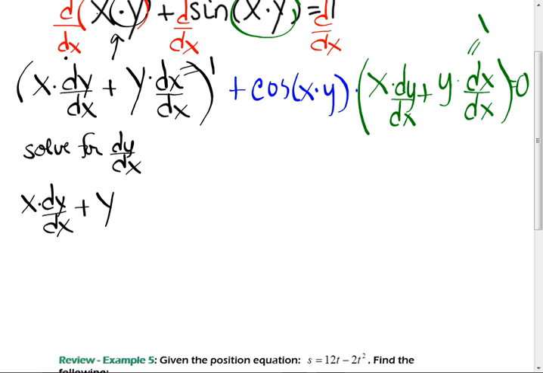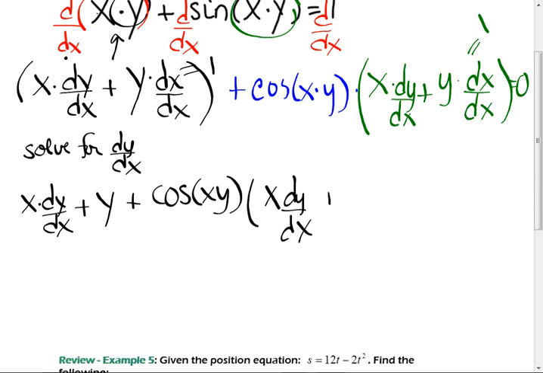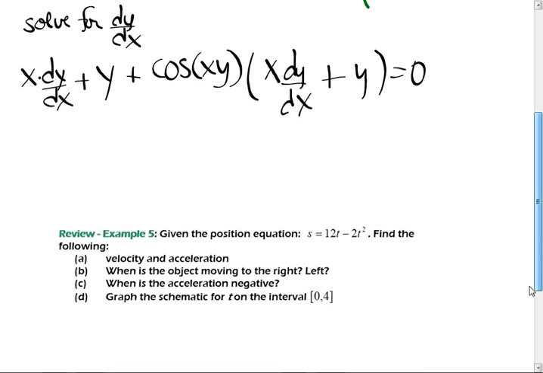Jack and Jake, you got it? The derivative of x with respect to x is 1. Plus, and I'm going to distribute this in a moment. I just want to clean up that green stuff as well, plus y equals 0. And the hard part here is going to be the algebra. I have to distribute this to solve for dy dx.